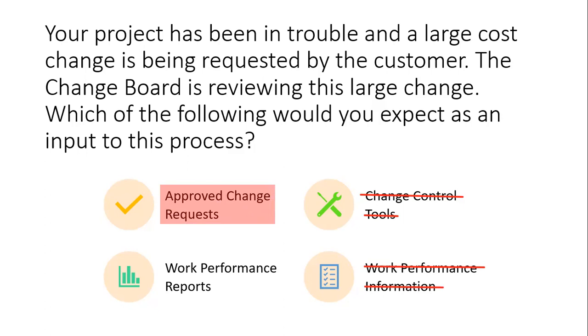So it is not an input. Because it's an output, we disqualify it as well. And that leaves one, work performance reports, which is the correct answer. Work performance reports is an input to perform integrated change control.